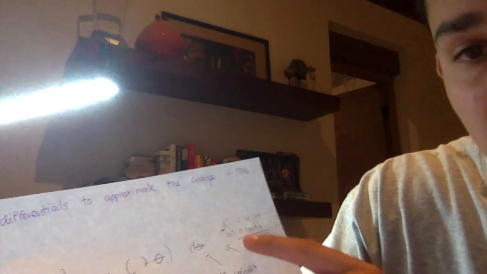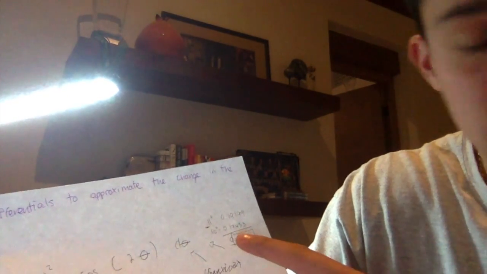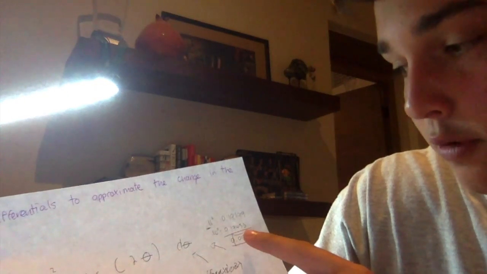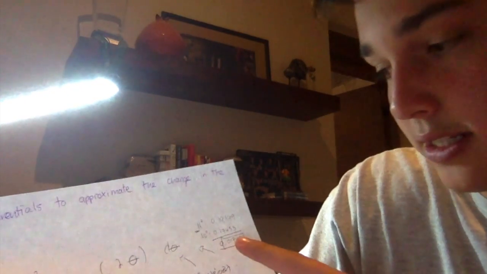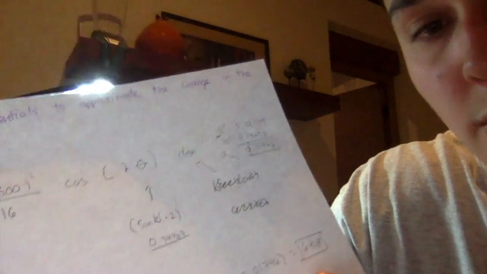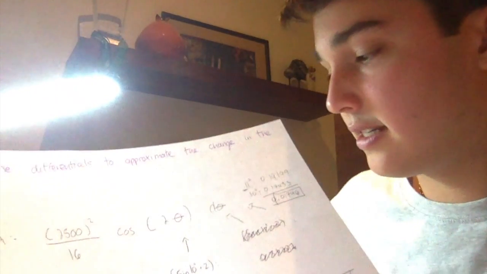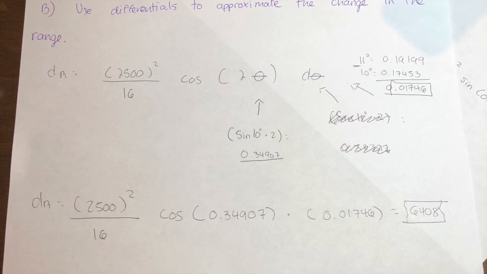Angle 11 is equal to 0.9199, and angle 10 is equal to 0.17453, and the answer is 0.01746. So we multiply it all, and it gives us 6408, which is more or less the same as the one that we got with the change of the range.